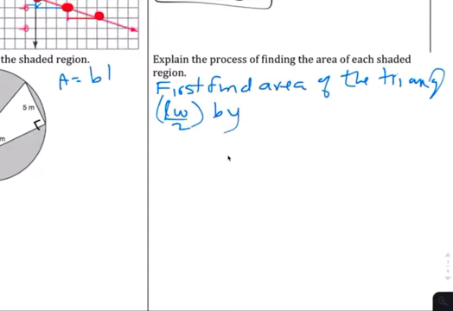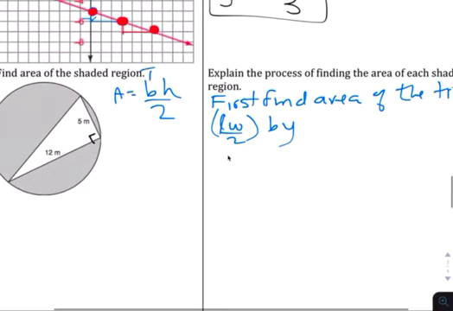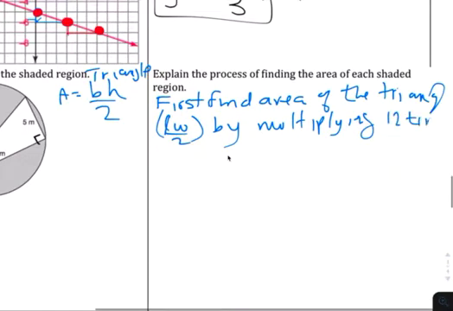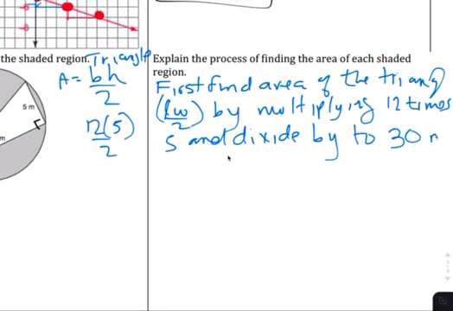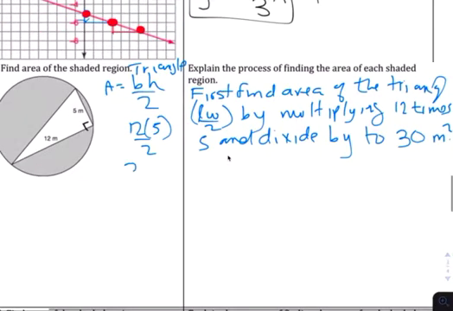It's also base times height divided by 2 instead of length times width. A triangle is base times height divided by 2. By multiplying 12 and 5, 12 times 5, and divide by 2 to get 30 meters squared.